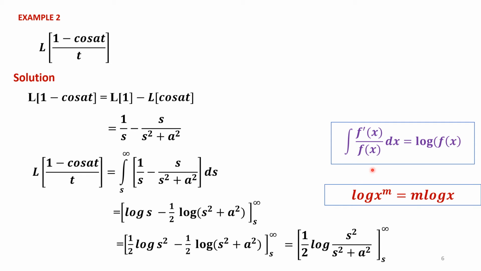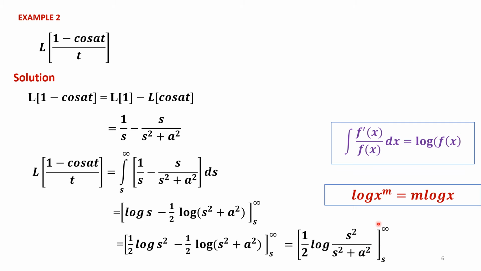Then we are making use of this formula, because if the derivative of the denominator is there in the numerator, we can write the log of the denominator. So both functions we have integrated and got the answer as log of s minus half log. Then to combine both these log functions, we are making the coefficients the same. So writing log s as half log s square minus half log, and then taking half common, log a minus log b is log a by b.